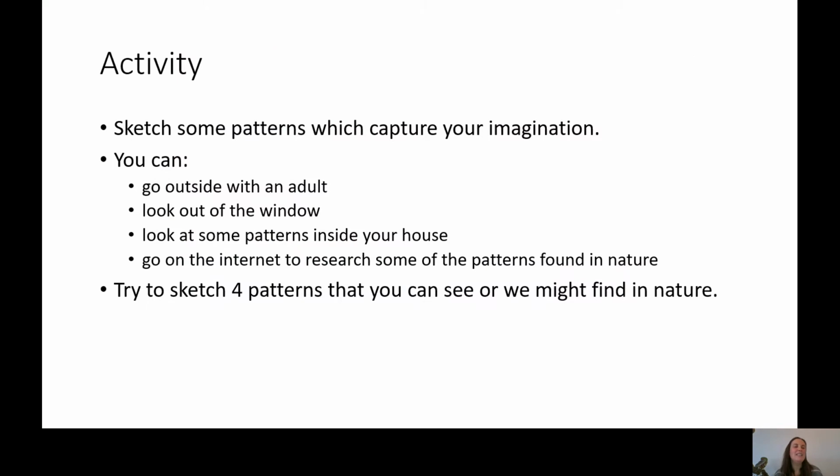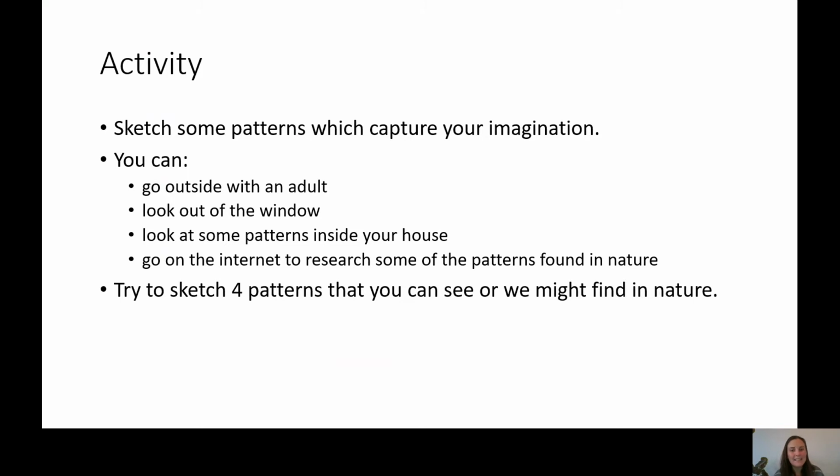So your activity today is to sketch some patterns which capture your imagination. These should be patterns that we see in nature. If you can, go outside with an adult and have a look at some of the patterns that you can see outside. You could look outside your window and see if you can see any patterns in nature.